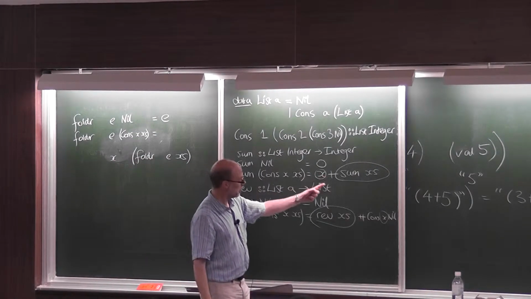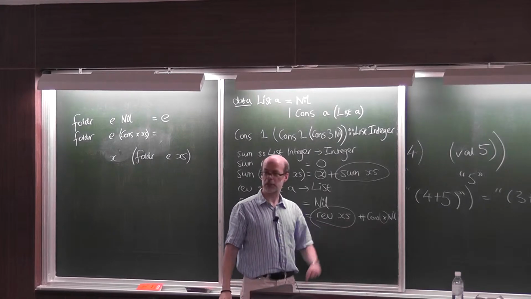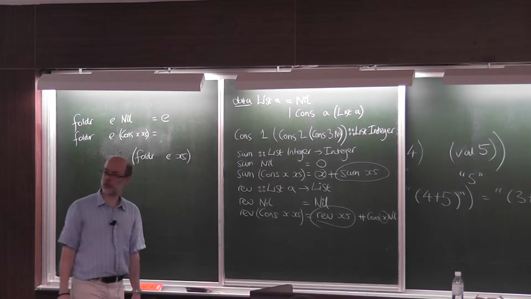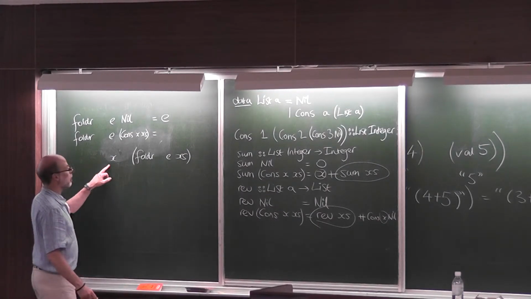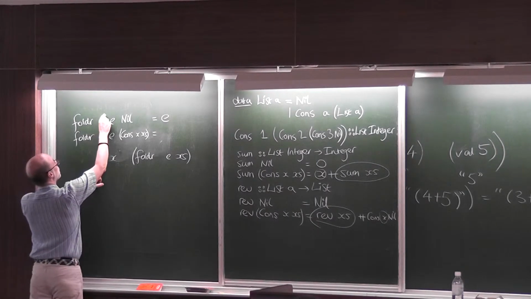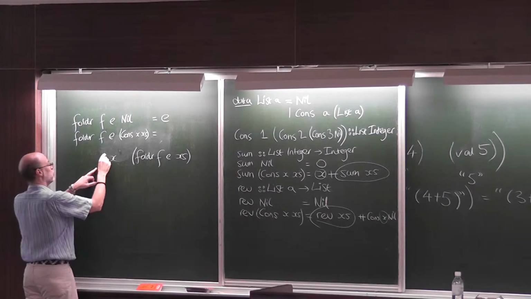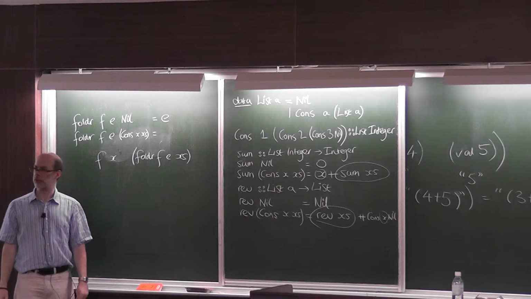Here you add them; here you put them together in the opposite order and do something to the x first. That's a varying part. What you do with those two is different for different functions, so we better assume that's a parameter as well. So let's call that f. And what you do is apply f to x and the result of the recursive call.